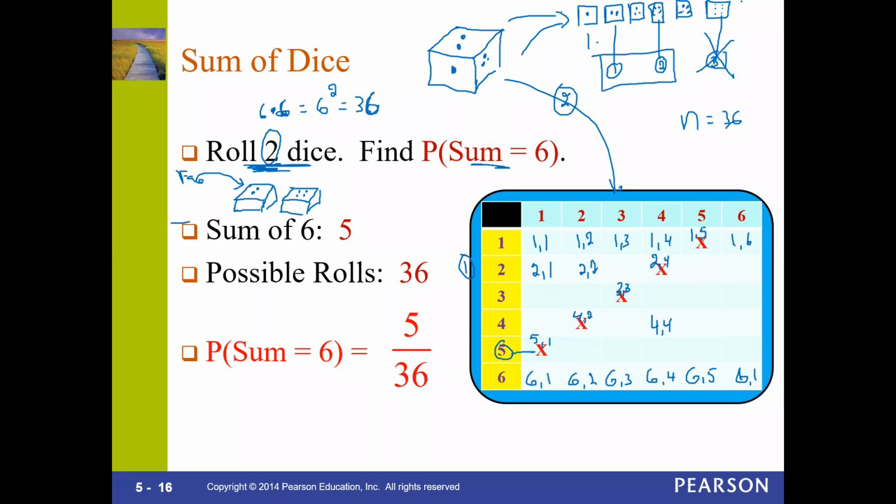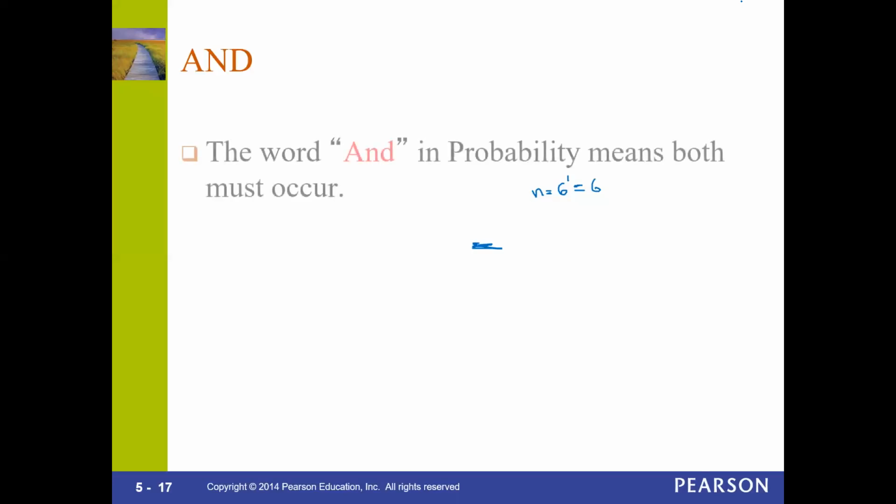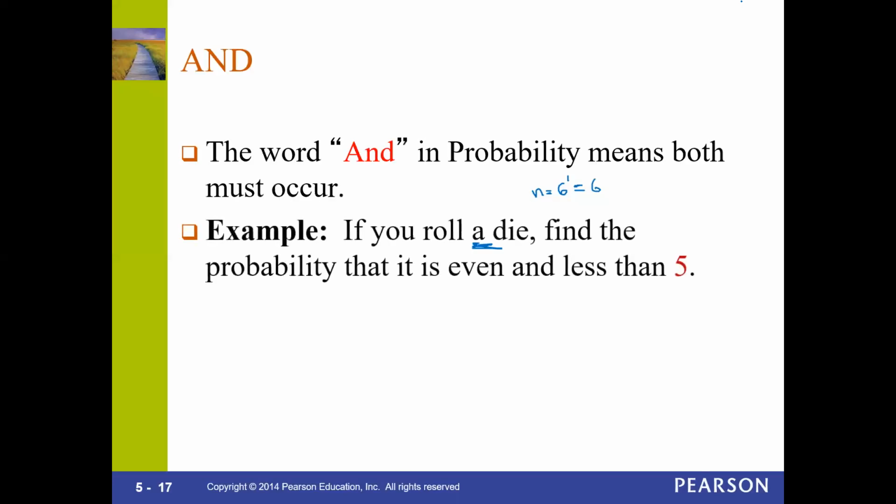Okay, so let's go back here. I'm going to say the probability that it is even and less than 5. Suppose I call this event W. I would say P of W is going to be equal to 2 out of 6.